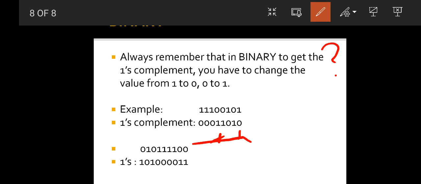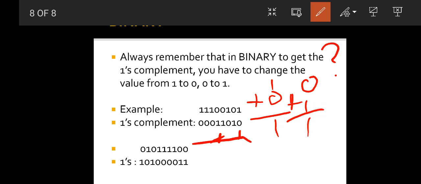If you have 1 plus 0, the result is 1. If you have 0 plus 1, the result is still 1. But if you have two ones, the result is 0, carry 1, so bring down 1, so it becomes 1 0.